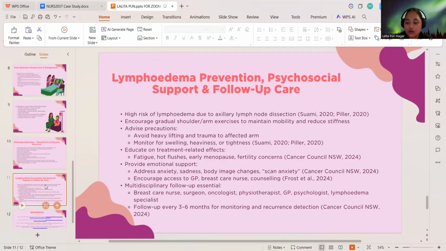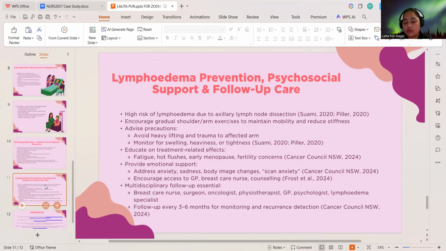Frost et al. emphasized the importance of therapeutic nursing support during recovery. Amara should be encouraged to discuss ongoing feelings of sadness or anxiety with her GP, breast care nurse, or counselor, or psychological support and counseling services, which may improve coping and recovery.